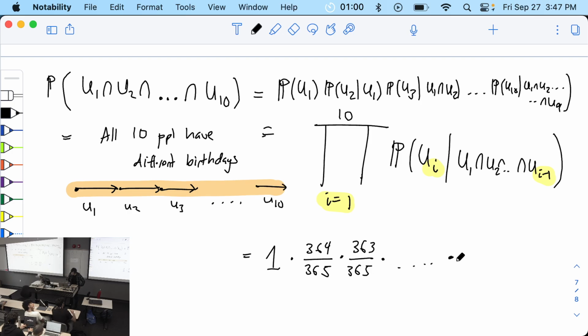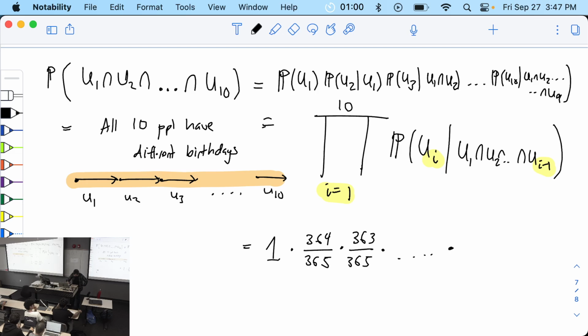Every time, the top of the branch always goes down by 1. That's because, for some person, let's say U8, given that all the people before them have unique birthdays, the probability that the next person has a unique birthday is 365 minus the number of people in line.